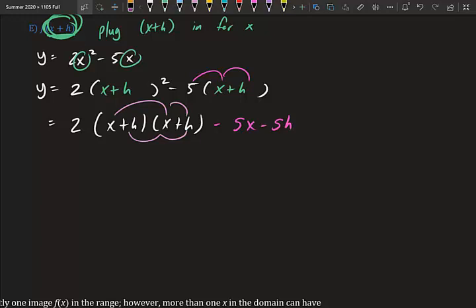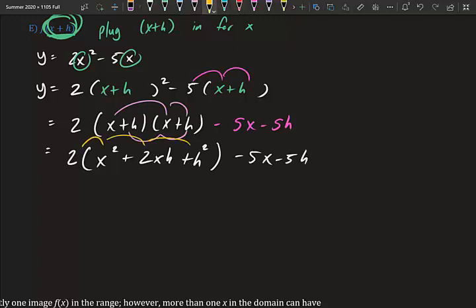You could practice. So we FOIL, and when we do, we get x squared plus 2xh plus h squared, all minus 5x minus 5h. We're going to distribute the 2. And we have 2x squared plus 4xh plus 2h squared minus 5x minus 5h.